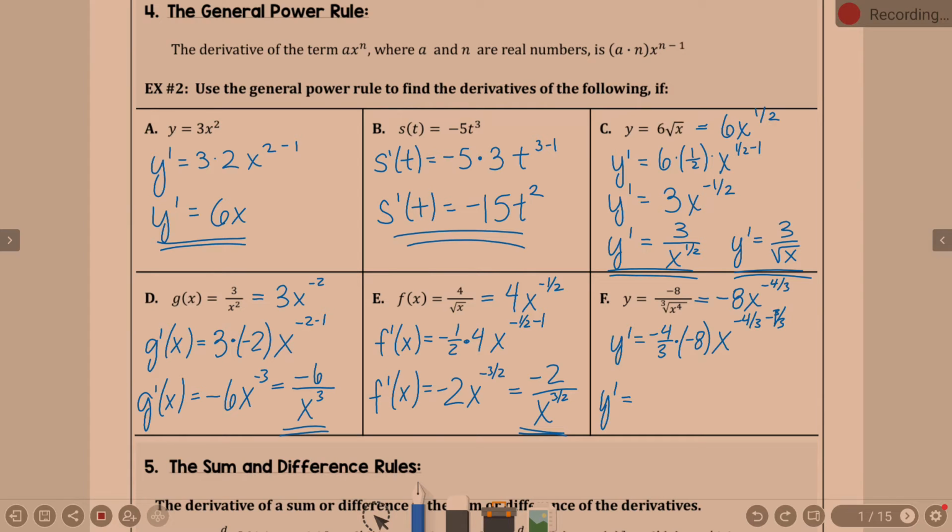There's no simplifying there, is there? So 32/3 x to the negative 7/3. But I'm not going to leave it as negative 7/3. I'm going to take that to the denominator. So I'm going to say 32 over 3x to the 7/3.